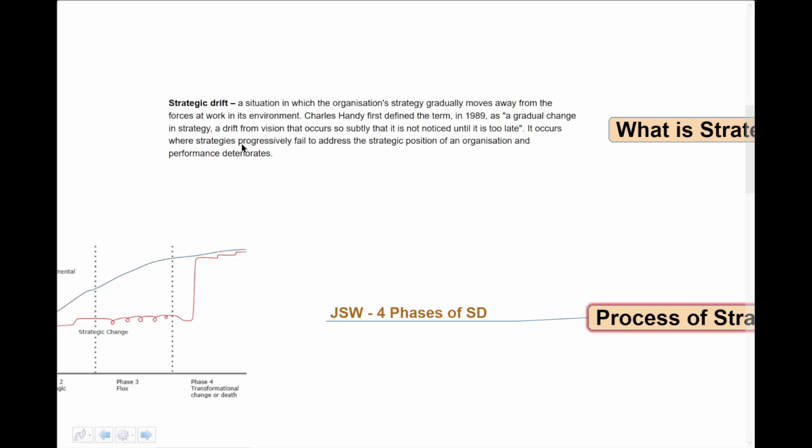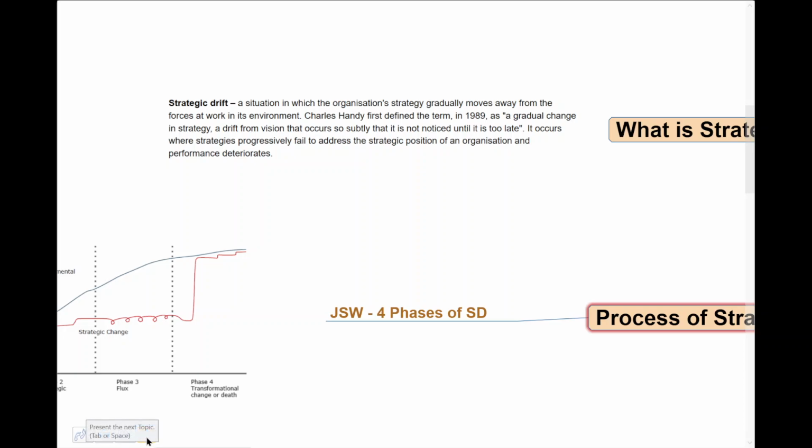So in essence, strategic drift is not good. We're off track. We haven't recognized, for example, drivers of change. We haven't recognized that the environment's changed and we're still heading in one direction when we should shift slightly. We've drifted away from where we should be.